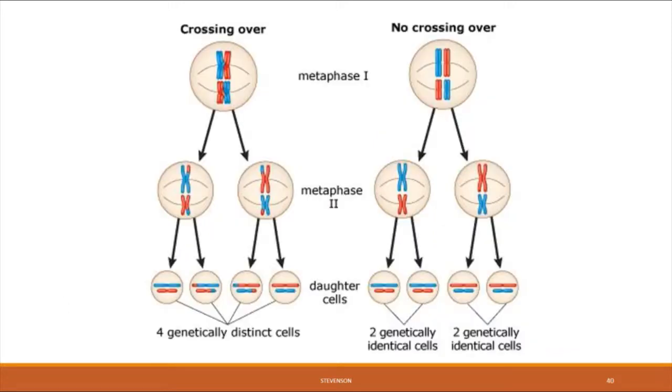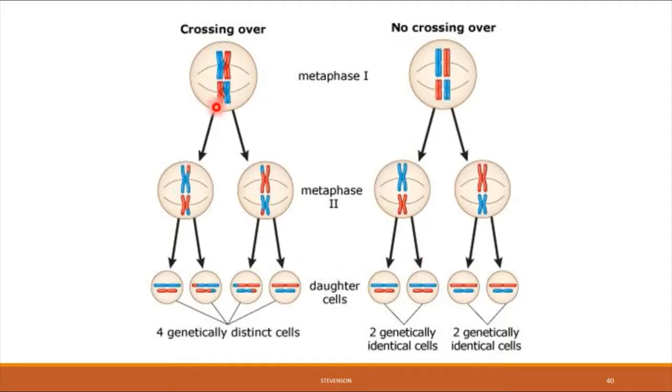In this figure, you can see the effect that crossing over has on the diversity of gametes that come out of meiosis. On the left-hand side, we see a cell that undergoes crossing over during the first stage of meiosis versus a cell that does not undergo crossing over during the first stage of meiosis.